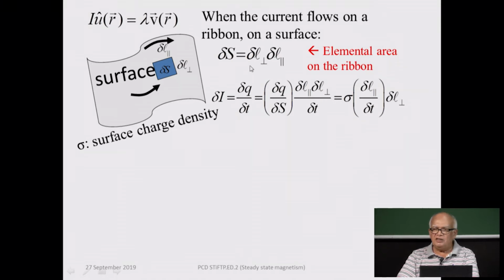So, this is a tiny surface element. In the limit you can take each dimension to go to 0 and the surface element itself going to 0 to get properties at a given point on the sheet on which the charges are flowing.